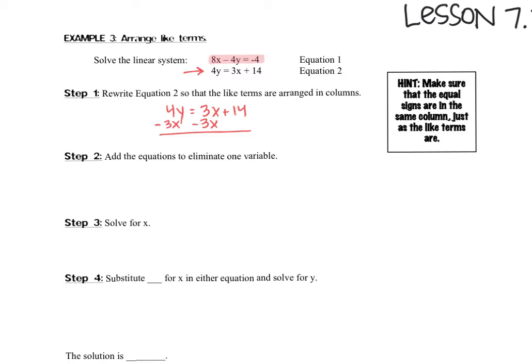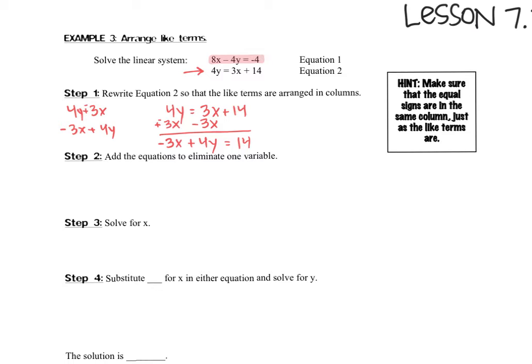And I can either write it as 4y minus 3x, or you can keep change and immediately write it as negative 3x plus 4y equals 14. So you can switch the orders right there, or again, you could have written this as 4y minus 3x and then keep change and switch the order. It doesn't matter which way you do it.